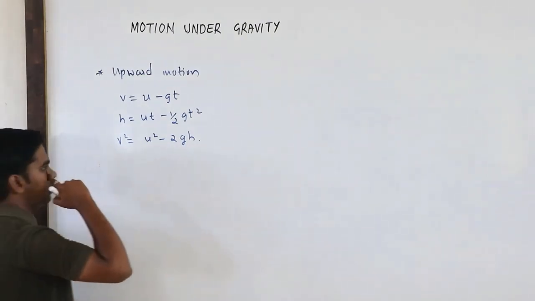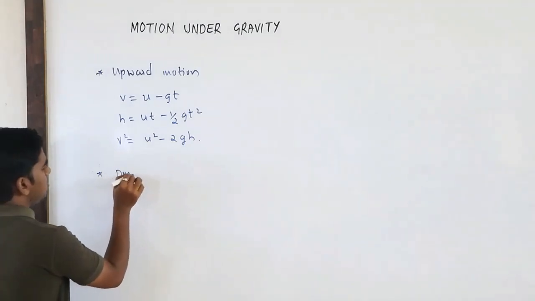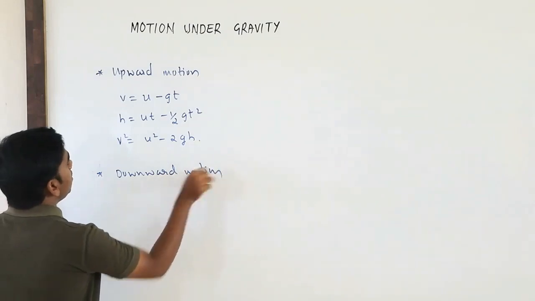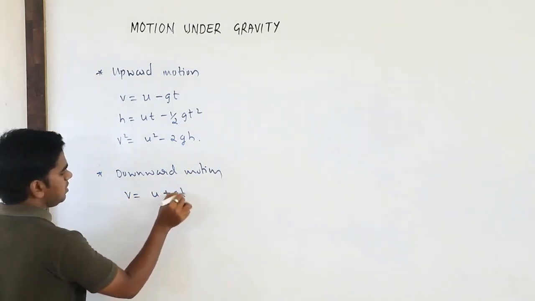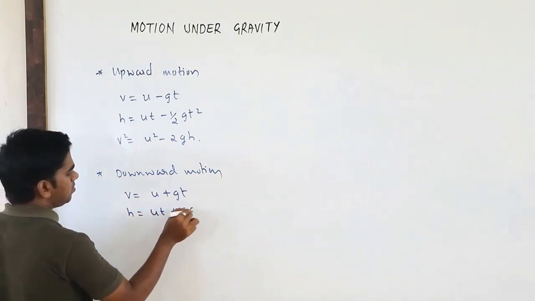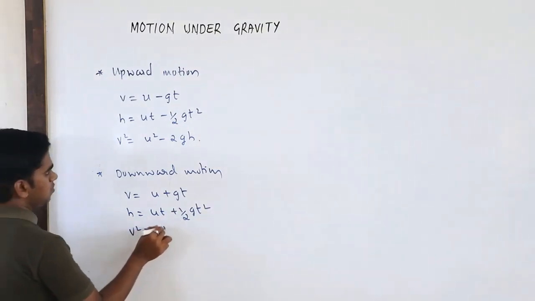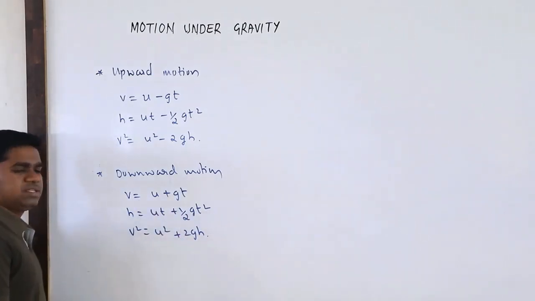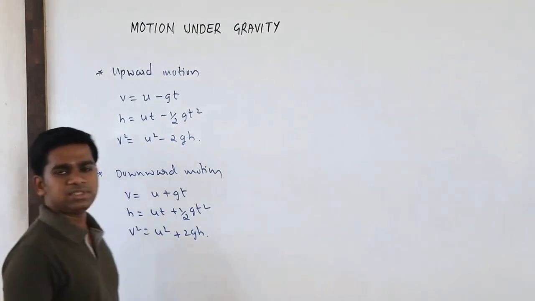Next, for downward motion, what are the equations we got? V equals to U plus GT, H equals to UT plus half GT square, then V square equals to U square plus 2GH. These are the equations for downward motion and upward motion. How these equations came, we already know.